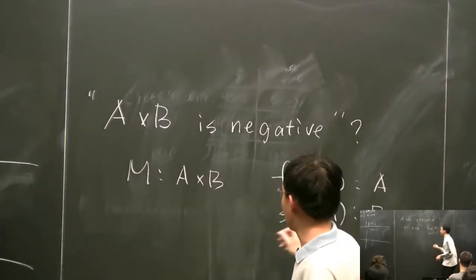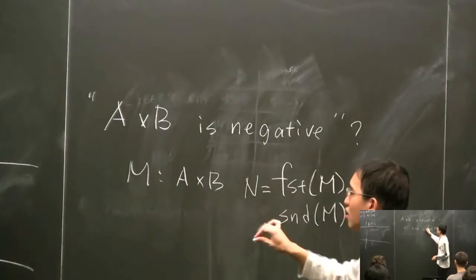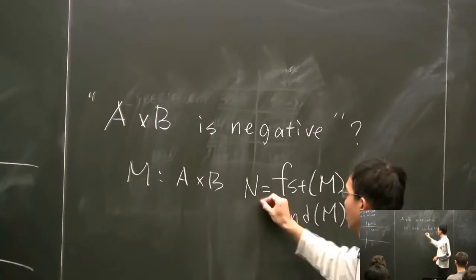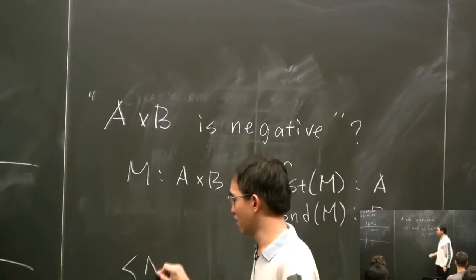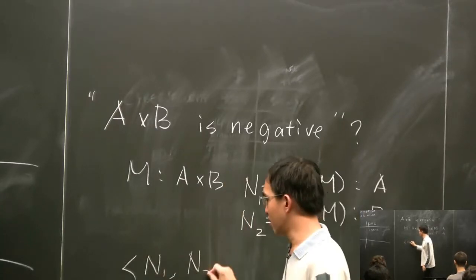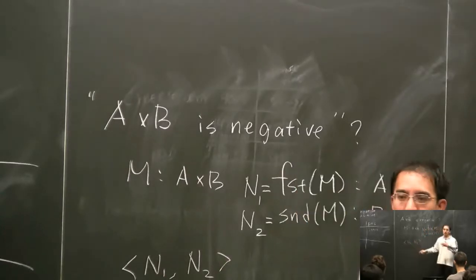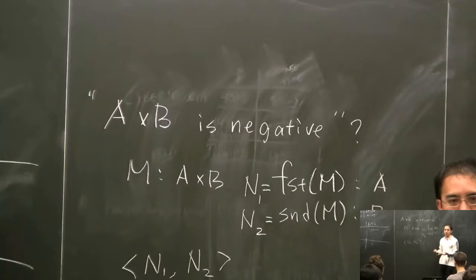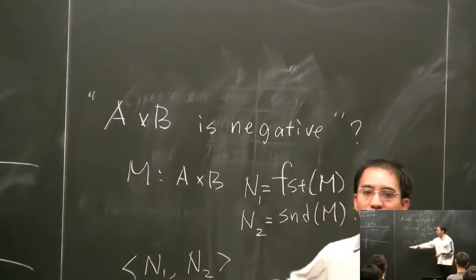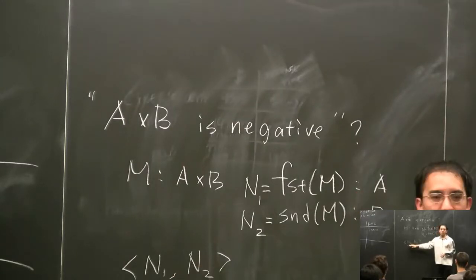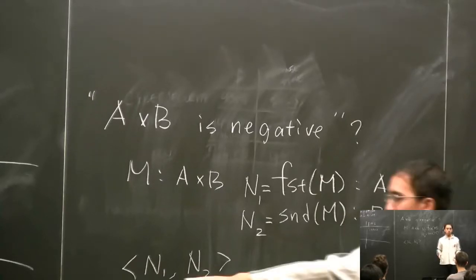So what's that term? In this case, let me give you a name to that. So n1 to this, and n2 to this. If I read it out like this, where this means the result of the first projection, and this means the result of the second projection, and I write down the two terms in a tuple, I already specify all the outcomes of the usage.